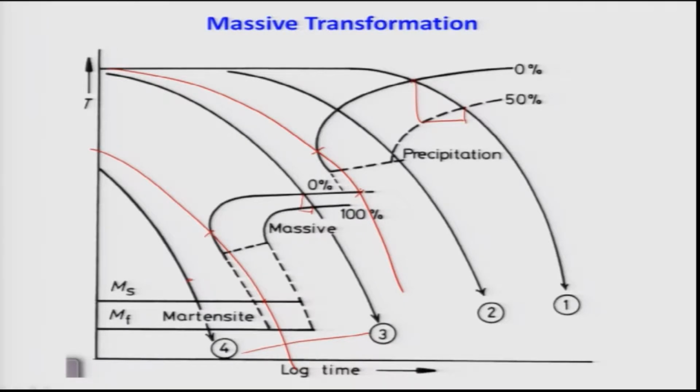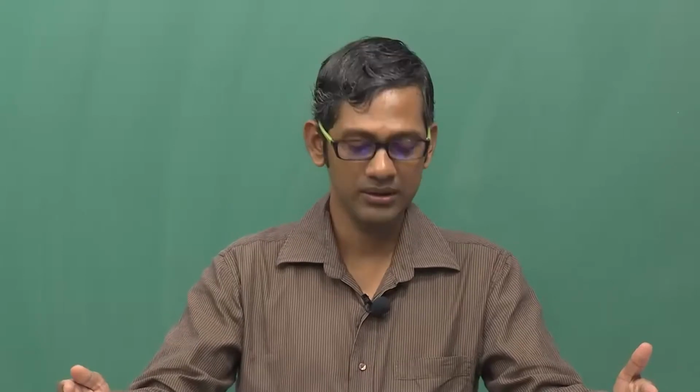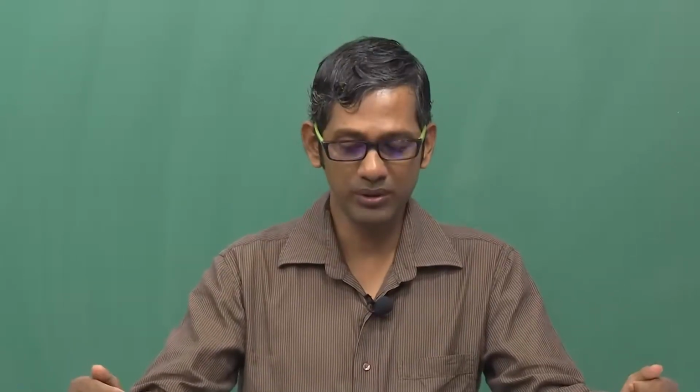So, we can actually draw such time temperature transformation curves for massive and precipitation as well as martensite transformation. It is very clear that it is possible to do that for all the alloys, and this is helpful because in many cases we do not want martensite, because martensite will have a lot of strain inside it. Why? Because this is a shear transformation, it happens along the glissile interfaces of the parent and the product by twinning or dislocation motions.